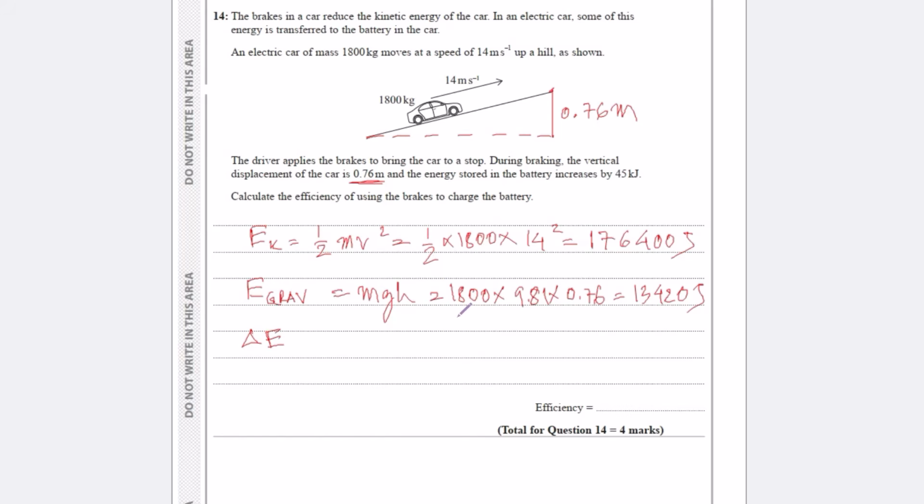So how much energy has changed, how much energy has been transferred? Instead of change, the more appropriate term should be energy transferred, which is 176400 minus 13420.